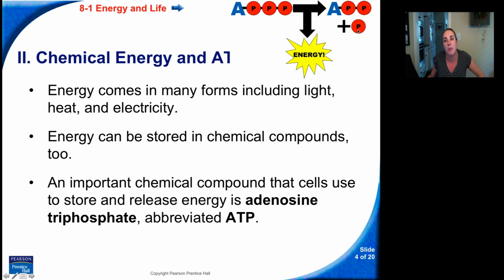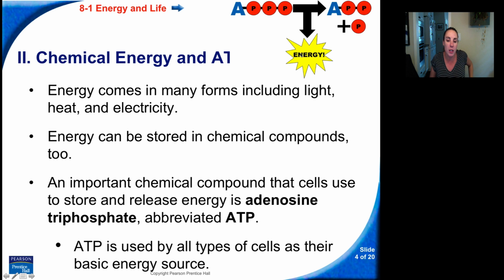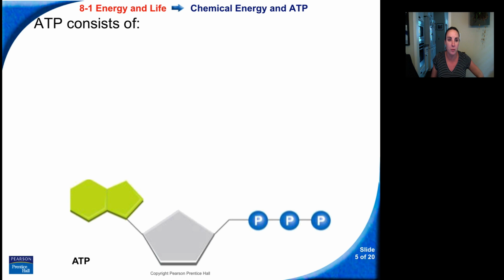So here's ATP: adenosine and 3 phosphates. This is the molecule that organisms such as humans store energy in. We break down food and create molecules of ATP that the body can then use for actual energy. ATP is used by all types of cells as their basic energy source.